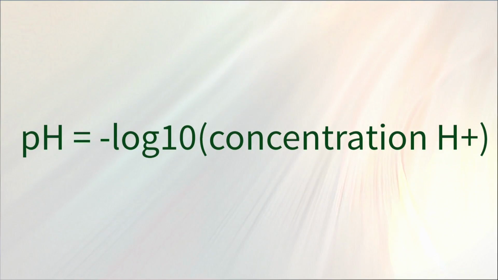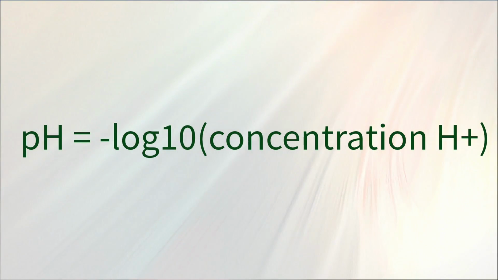Now we've said that pH just measures the hydrogen concentration of a soil, but the pH index works like this. I'm going to show you the formula for it. It goes pH equals -1 times the logarithm of the concentration of hydrogen ions in the soil.